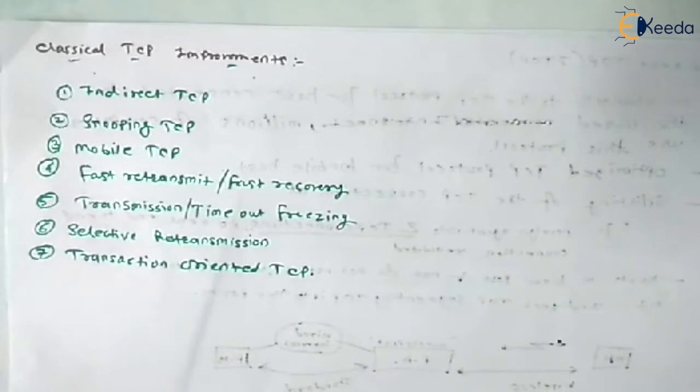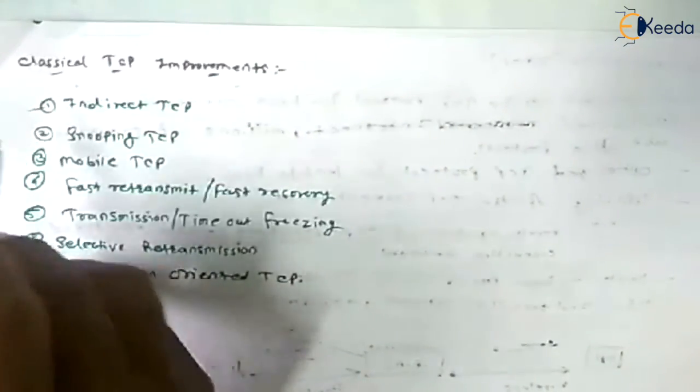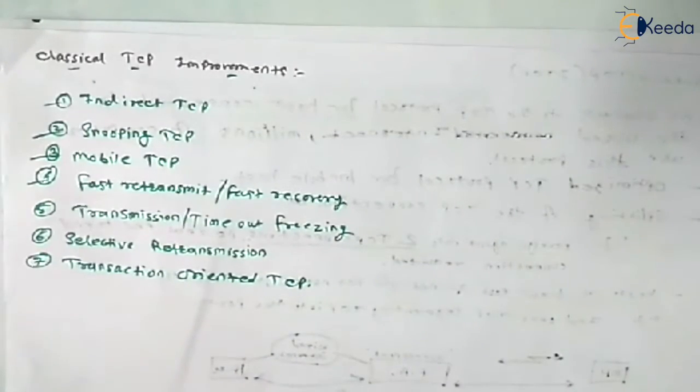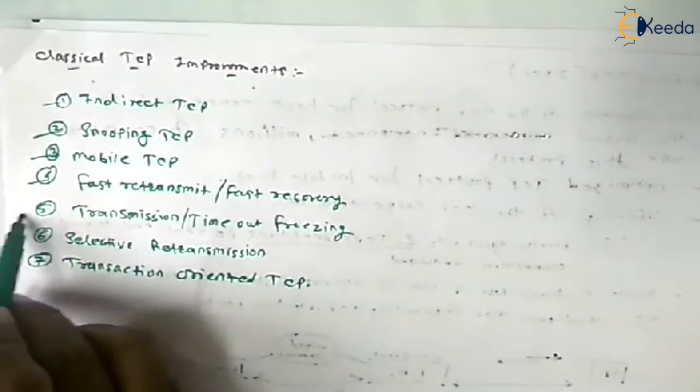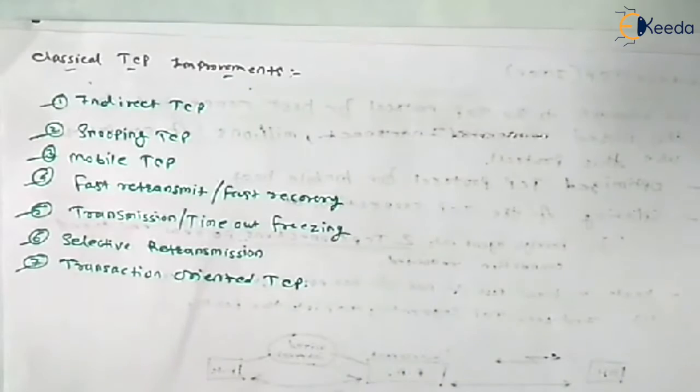Here are a total of 7 classical TCP improvements we are going to discuss: the first is indirect TCP, second is snooping TCP, third is mobile TCP, then fast retransmit or fast recovery, transmission or timeout freezing, selective retransmission, and transaction oriented TCP.